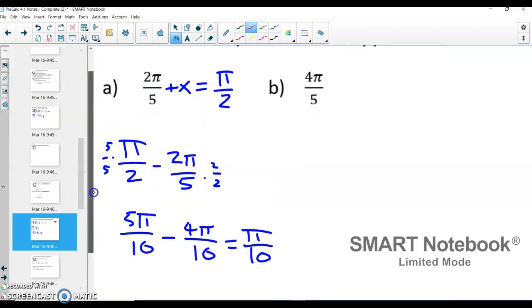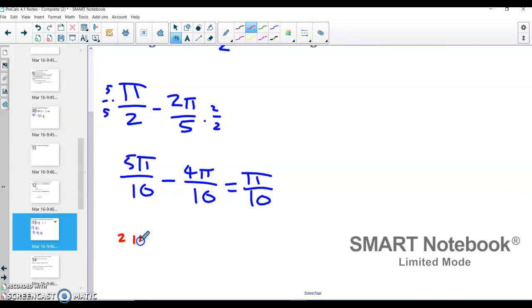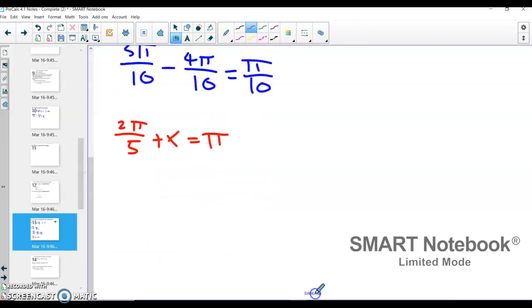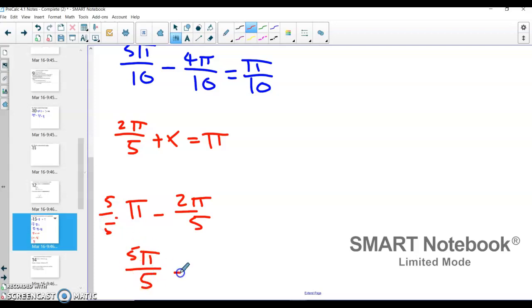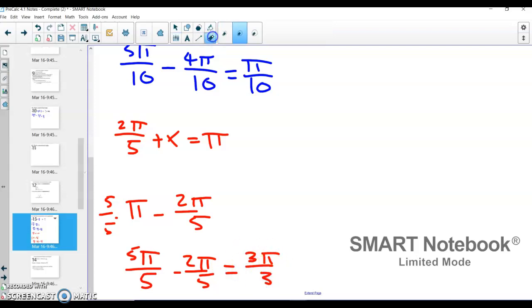We have our 2 pi over 5 plus x now has to equal pi, because pi is 180. And what we can do then is take pi minus 2 pi over 5, get a common denominator here by multiplying 5 over 5, so you have 5 pi over 5, and we end up here with, oops, that's not right, 3 pi over 5 being our supplement there.